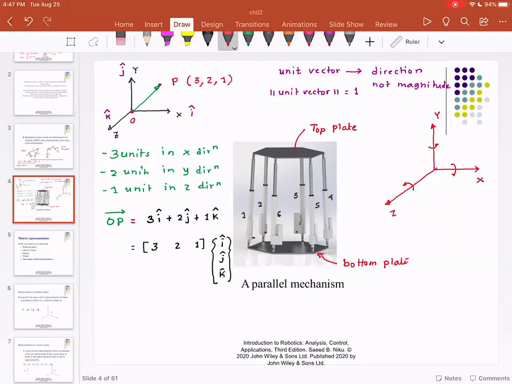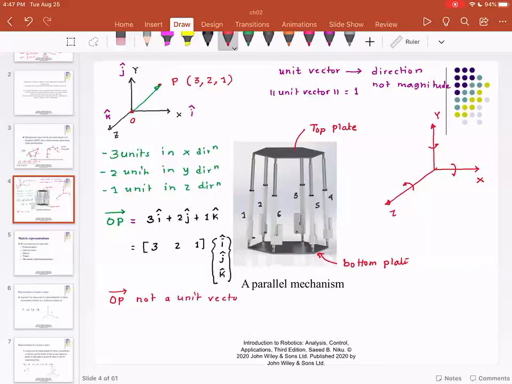When I perform the multiplication, I get 3i plus 2j plus 1k, which is the way this vector OP is represented. One thing I want you to note is that this vector OP is not a unit vector.